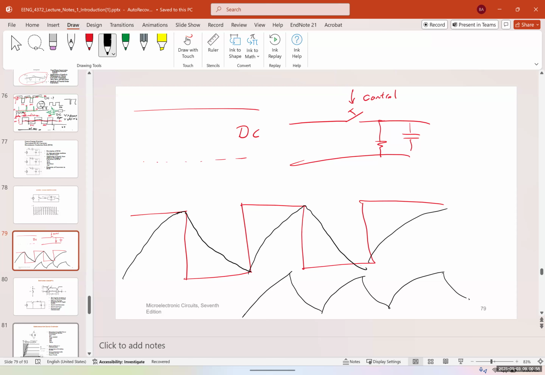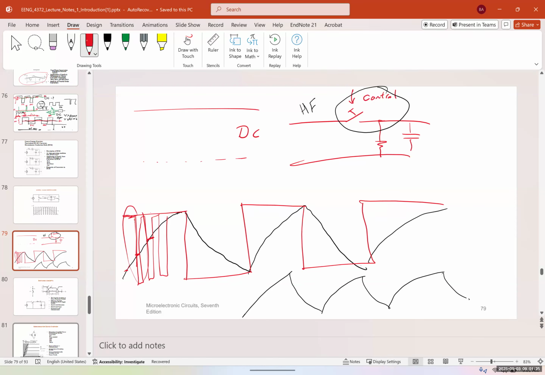But if you want to have a pure sine wave, one way to have it is to have a very high frequency system that rapidly goes from positive to negative, from positive to negative, from positive to negative. And what we do here is by averaging this. So if I average these two first ones, the voltage would be around here. If I average the two second ones, it's going to be here.